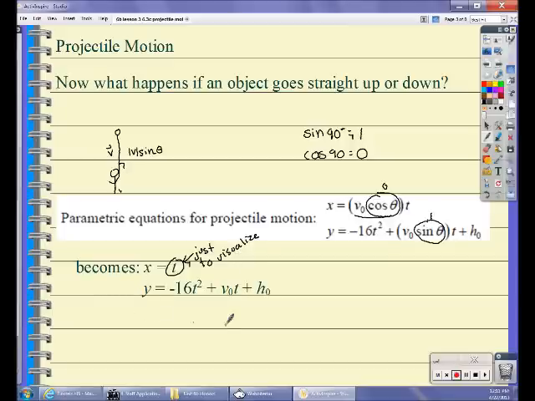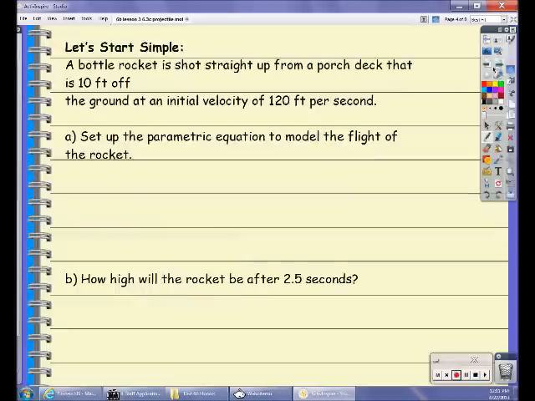And then our y equation turns into something that looks a whole lot more like what we saw in, say, Algebra 2, when we were just learning about quadratics. Now, we're going to start with an easy one where it's just going up and down, and then we'll move to an example that has both vertical and horizontal motion.